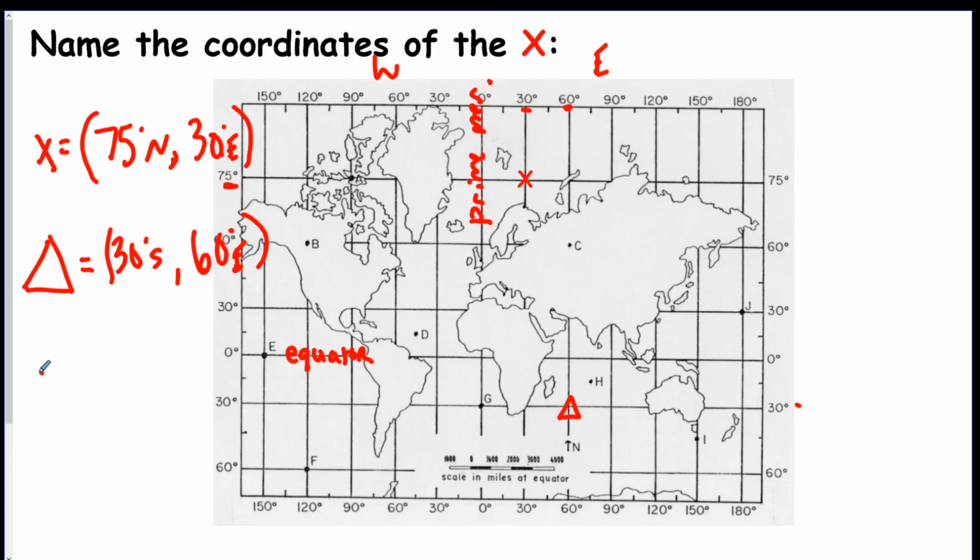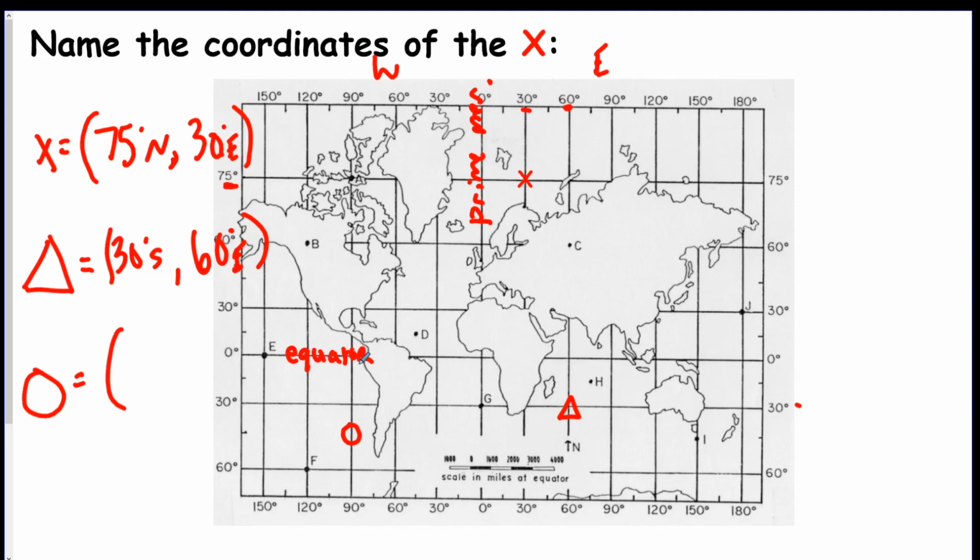I will do one more, the circle. We'll make this the hardest one. There we go. Let's do right about here. Okay. So it looks like go to the equator.